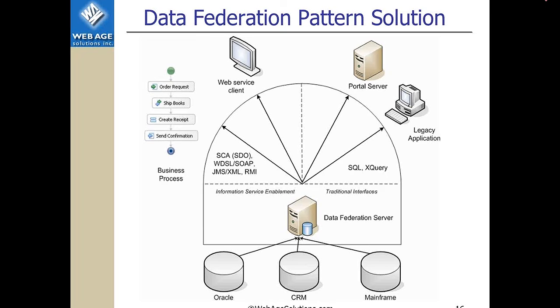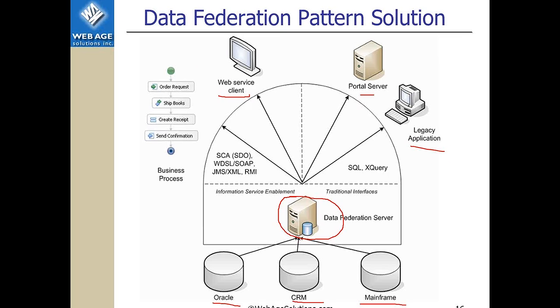This slide summarizes all the interactions. So the data federation server sits in the middle. It acts as a client to databases, CRM systems, and what's not. And at the same time, the data federation server provides services to the clients, whether it's a web service client, or browser, portal server, or legacy application, which probably follows that client-server paradigm.